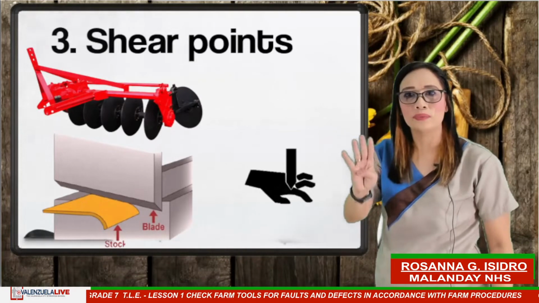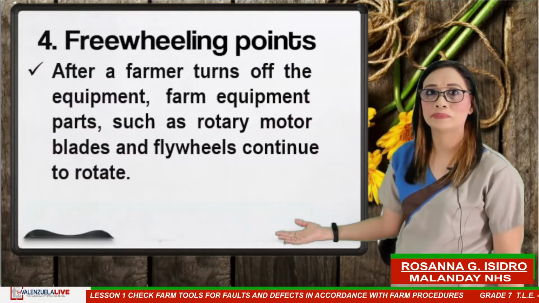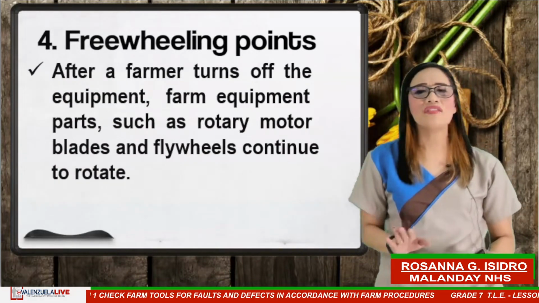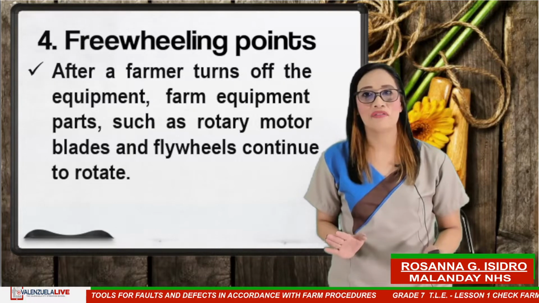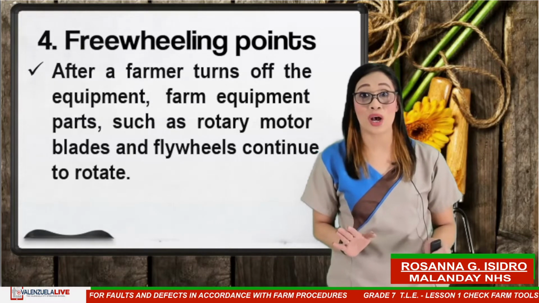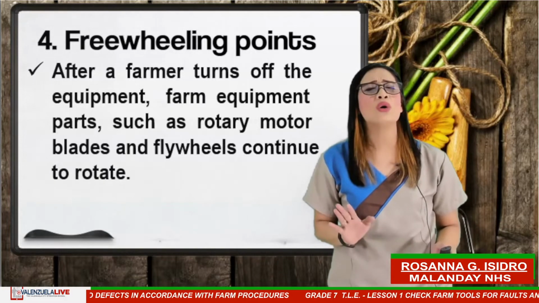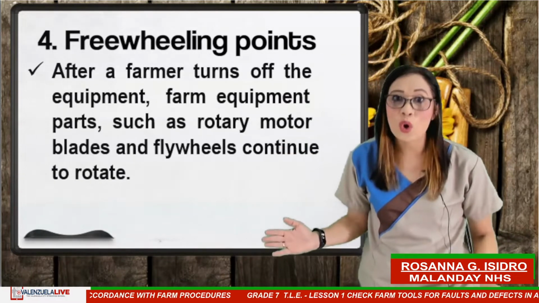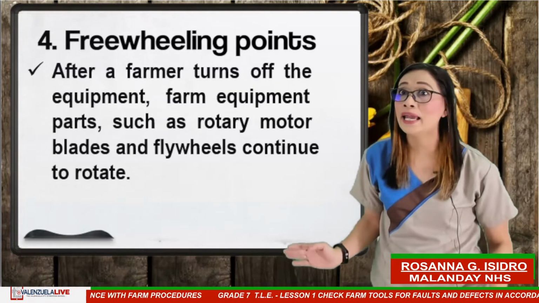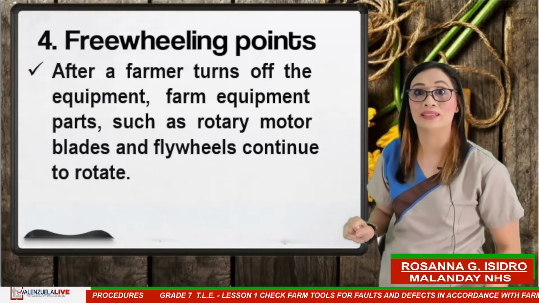Number 4, freewheeling points. After a farmer turns off the equipment, farm equipment parts such as rotary motors, blades, and flywheels continue to rotate. These can catch on clothing and sleeves, pulling them into the machine.